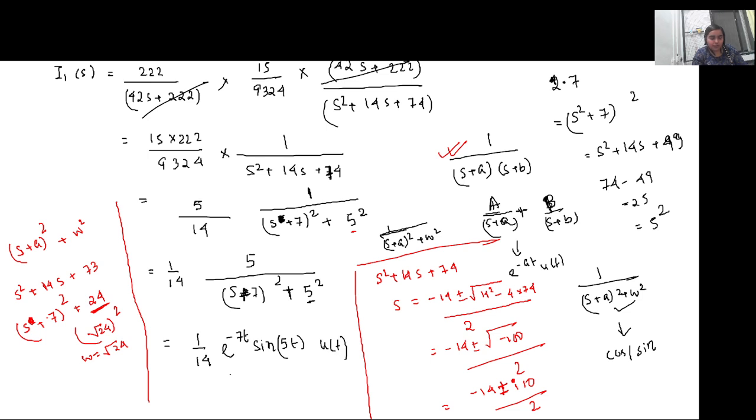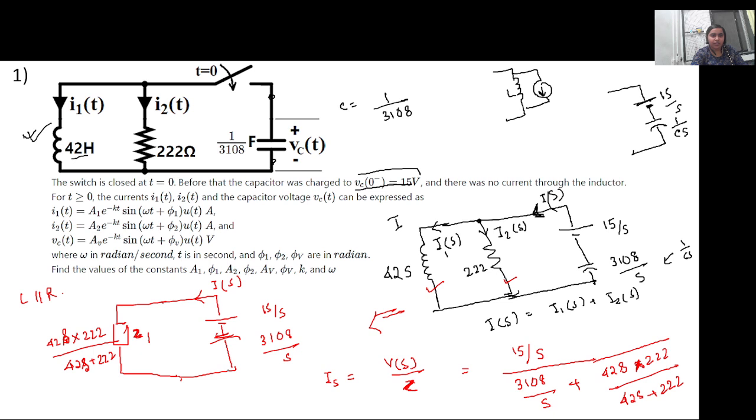Yes, ma'am. So until now it was in the frequency domain, now we have it in terms of the time domain. In the question, what you were asked is to figure out a1 and phi 1, and the expression itself is in sine.